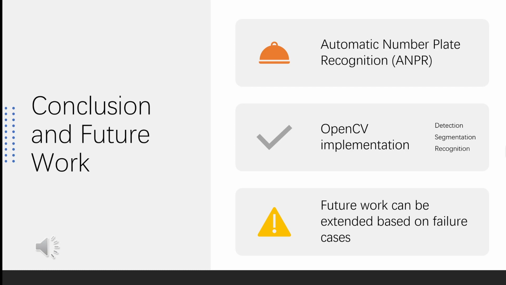So some future work can be done at the software level, in the code level, to optimize the program to make it applicable for more characters. Another failure case is caused by the low quality of the input photo. So the future work can be done at the hardware level to improve the quality of the input photo to improve the ANPR program.